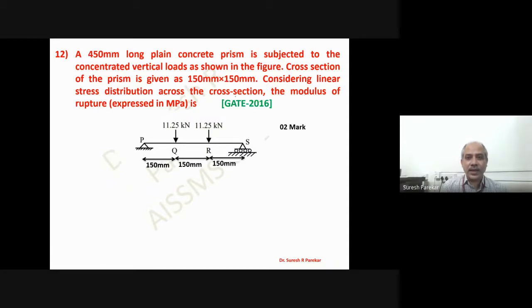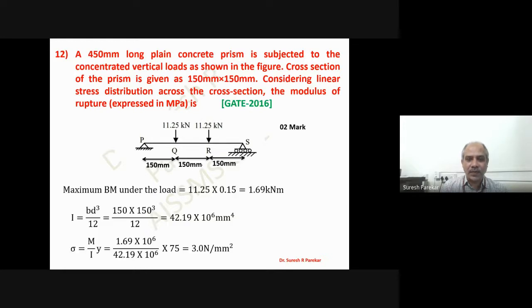Then here we are interested in the modulus of rupture. The cross section of the prism is given, and it is a 450 millimeter long plane. So this is given as 450, and then we have to find the maximum bending moment. As it is symmetrical, the reactions are the same, 11.25, 11.25 multiplied by 150, and we will get M. So M is 11.25 into 0.15, 1.69 kilonewton meter.